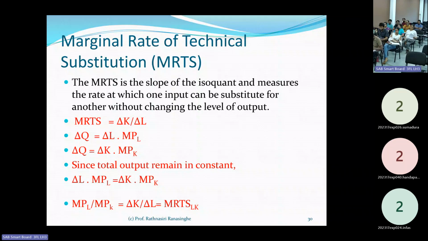In other words, it is the ratio of the marginal productivity of labor to that of capital, MPL over MPK, which in turn equals the MRTS, in other words, delta K over delta L. So finally we come to this: the ratio between the marginal productivity of labor and capital equals the marginal rate of technical substitution. That is the slope of the isoquant.